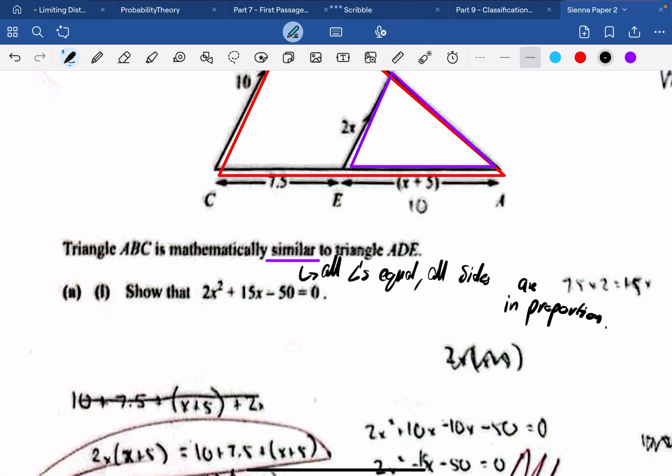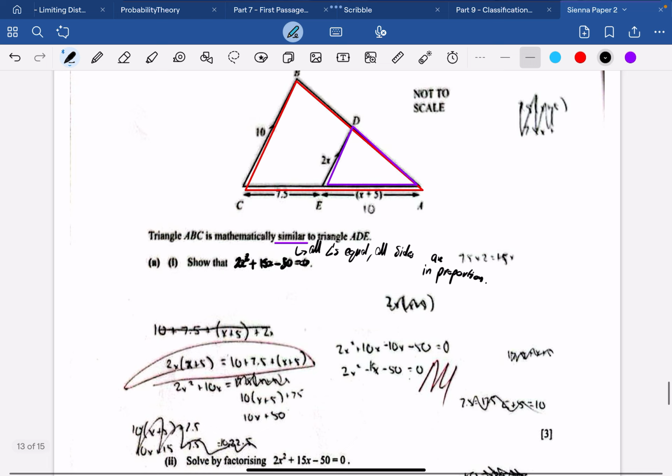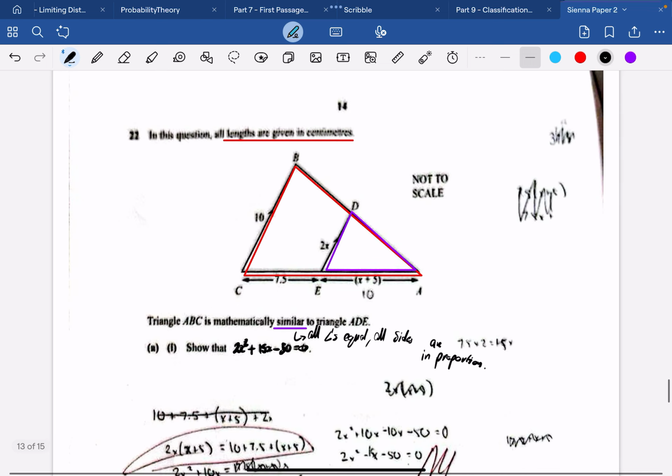Sorry, just thinking. So now this question says, show that 2x squared, just going to write it out so it's clearer, plus 15x minus 50 is equal to 0 for 3 marks.